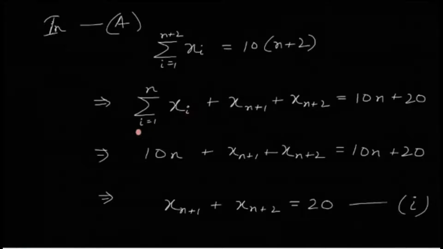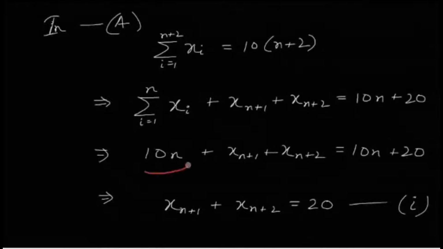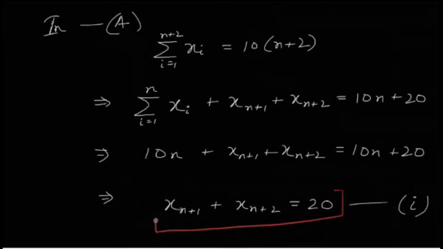Now, this can be split as summation xi, i running from 1 to n, plus xn+1 plus xn+2, is equal to 10n plus 20. Now, we already know this part, so replacing this by 10n, we have 10n plus xn+1 plus xn+2 is equal to 10n plus 20. That means xn+1 plus xn+2 is equal to 20. We know the sum of the two unknown observations.